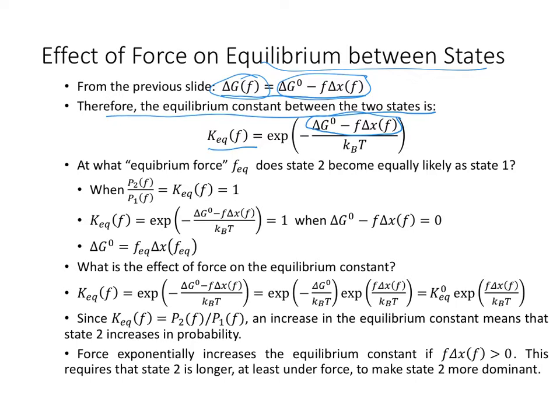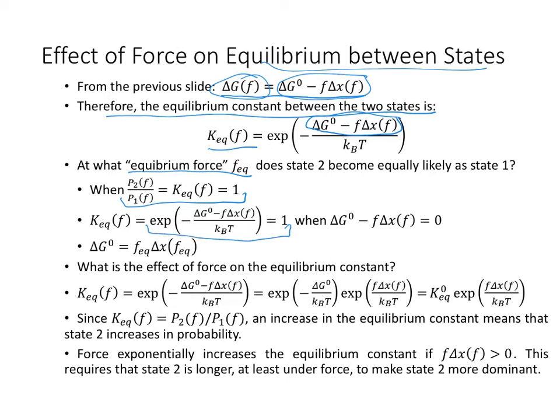One of the questions we'll ask here is, at what equilibrium force, which we'll call F equilibrium, do state 2 and state 1 become equally likely? Because that's the force at which we start to pull this molecule into state 2. It was less likely before, and above this force it's more likely. We know they're equally likely when the equilibrium constant is 1. So we need to set the equilibrium constant to 1.